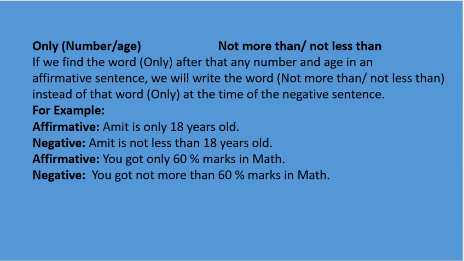For example, affirmative: Amit is only 18 years old. Negative: Amit is not less than 18 years old.